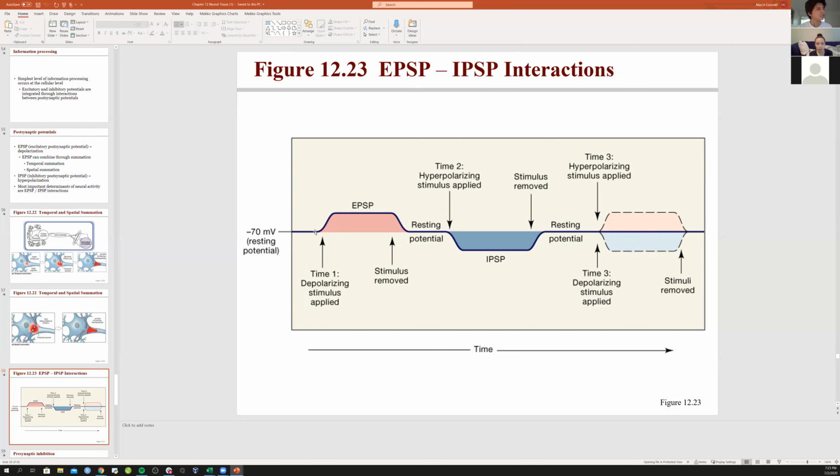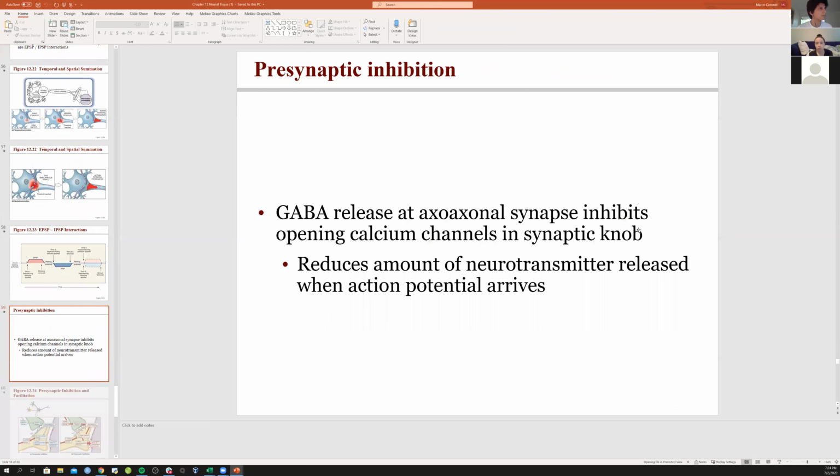What this is showing is, you can send a lot of positive into the cell, it will depolarize. You can send some negative into the cell, it will hyperpolarize. But if you send them both at the same time, an excitatory postsynaptic potential and an inhibitory postsynaptic potential, which is basically just making the interior of the cell more positive and more negative at the same time, then you don't have any change.